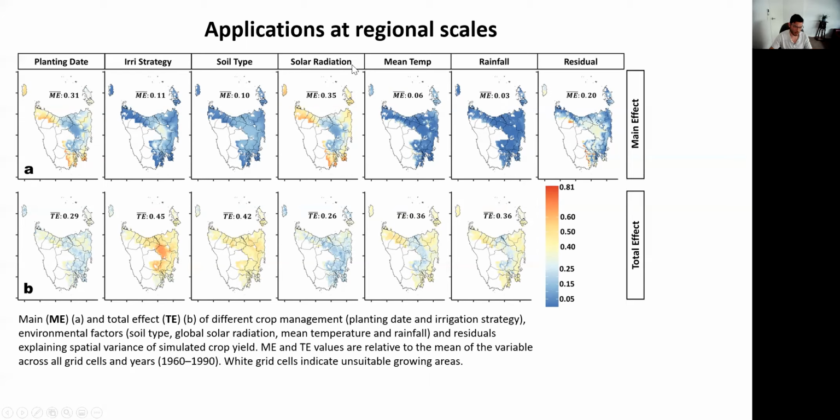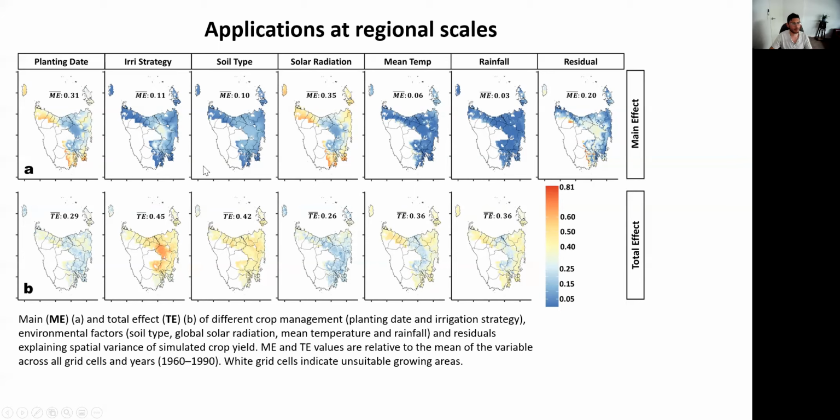This is cumulative solar radiation during the growing season. And you can see that for particular environments, when the color is more red, the effect is higher, and when the color is low, the effect is lower.